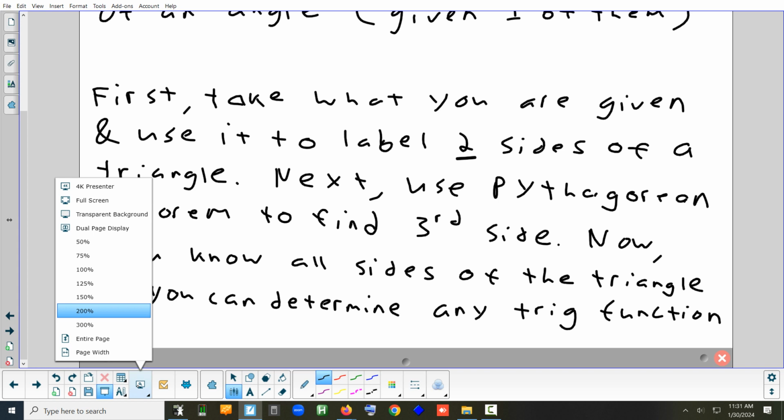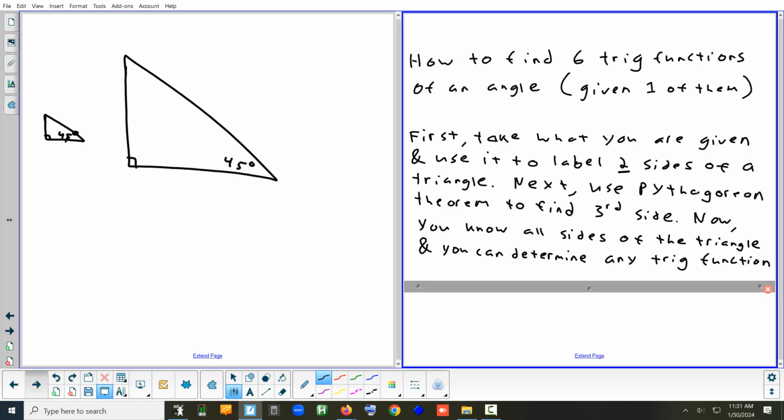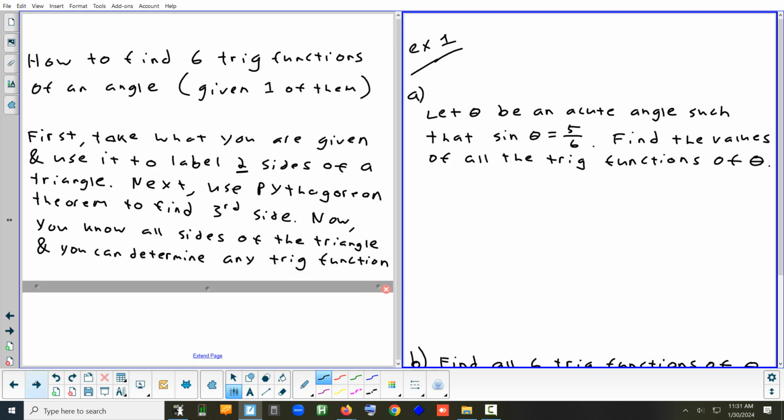Alright, let me keep that up. Let's try it. Okay, so it says, let theta be an angle. We don't know what the angle is. Could be 20 degrees, 30 degrees, we don't know. But we know that the sine of it is 5/6. Okay, so let's draw it.